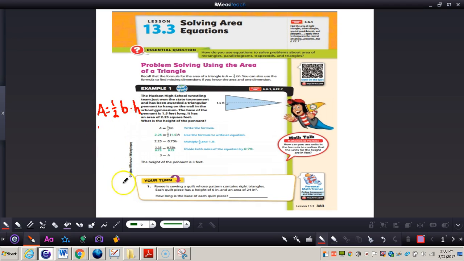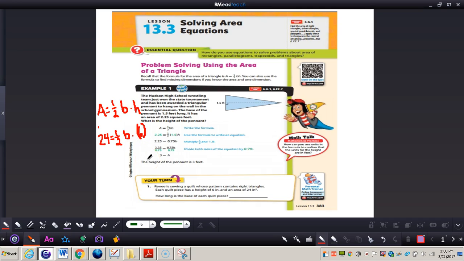We know the area for this is 24 inches squared. So 24 inches equals 1/2 times the base times the height, which is 6 inches here.